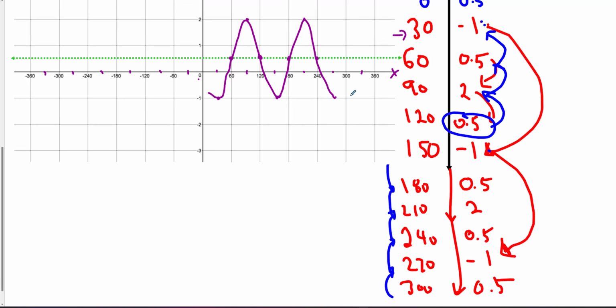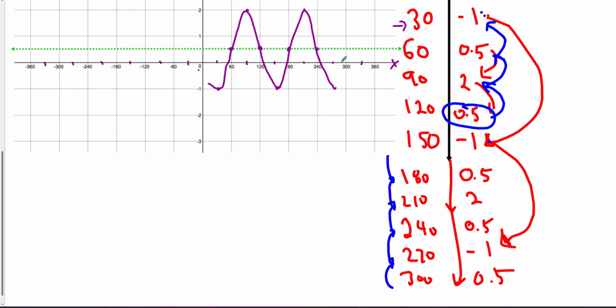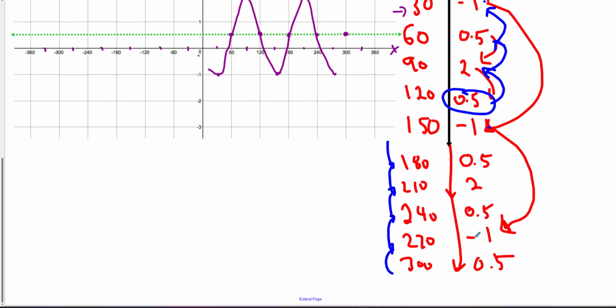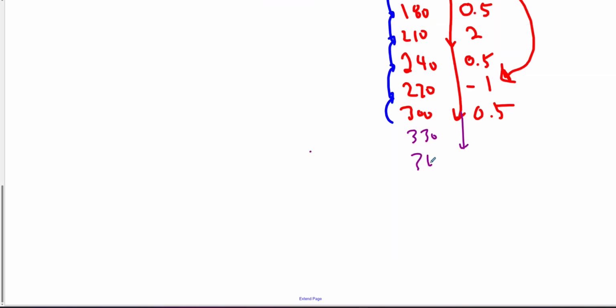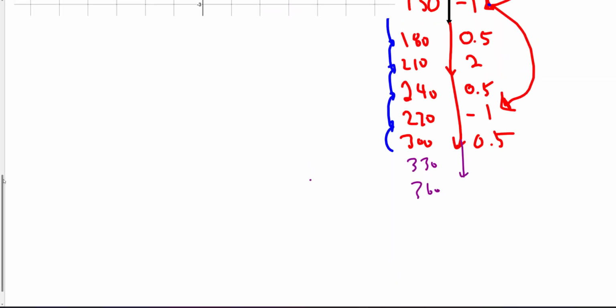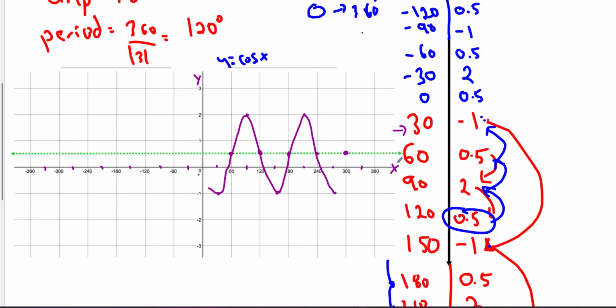And now we have 270 and negative 1, so no, I already drew 270, sorry, 300 and 0.5. And I didn't actually extend it. I could just extend it. I mean, we're going up by 30s, right? So 330 and 360. But I want to show you the other way. Once I've actually drawn my 5 points, I don't have to extend the table.